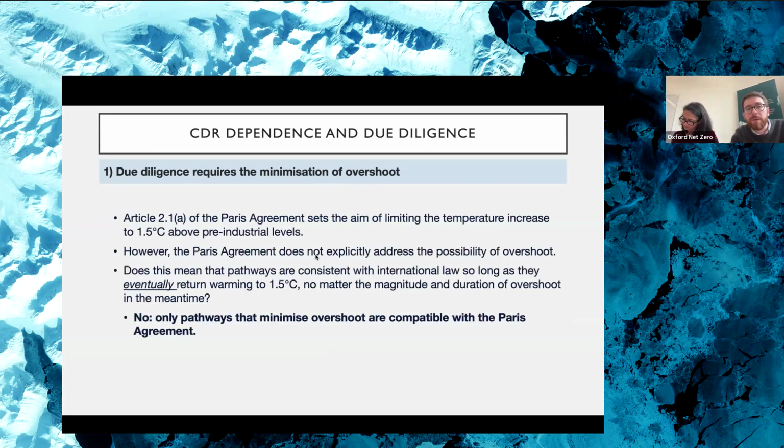So in the context of the minimization of overshoot, one question here is, what does the Paris Agreement say? And the key thing to note, to start with, is that the Paris Agreement doesn't say anything explicitly about overshoot.